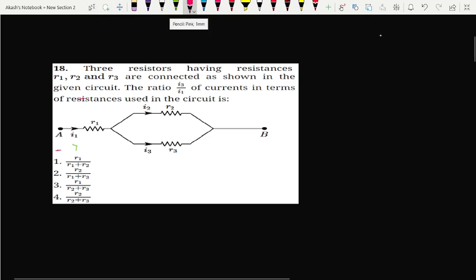Let's read the first question. Three resistors having resistances R1, R2 and R3 are connected as shown in the given circuit. The ratio I3 upon I1 of currents in terms of the resistances used in the circuit is.